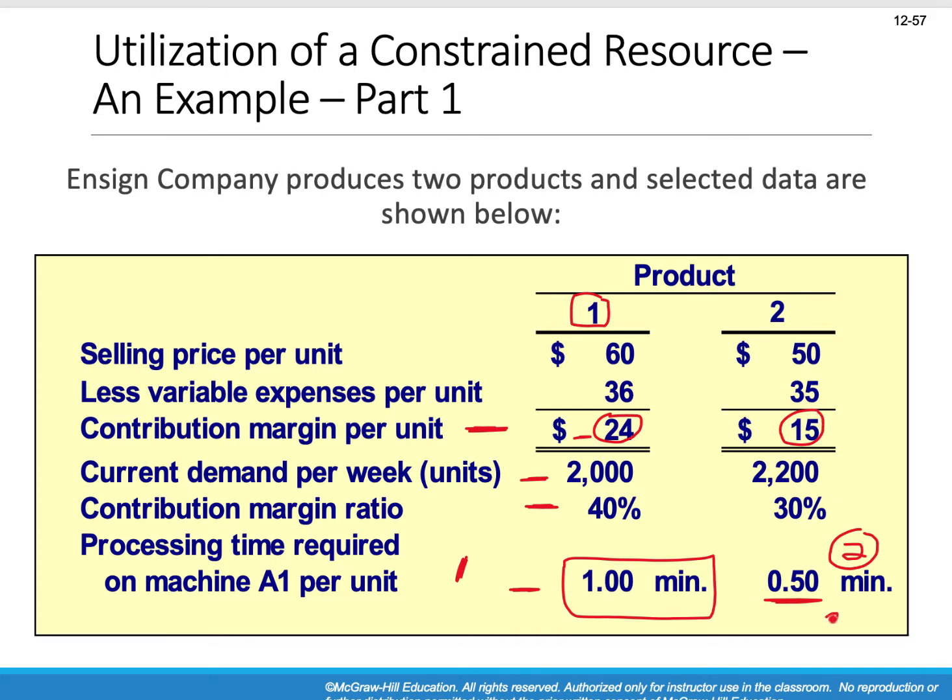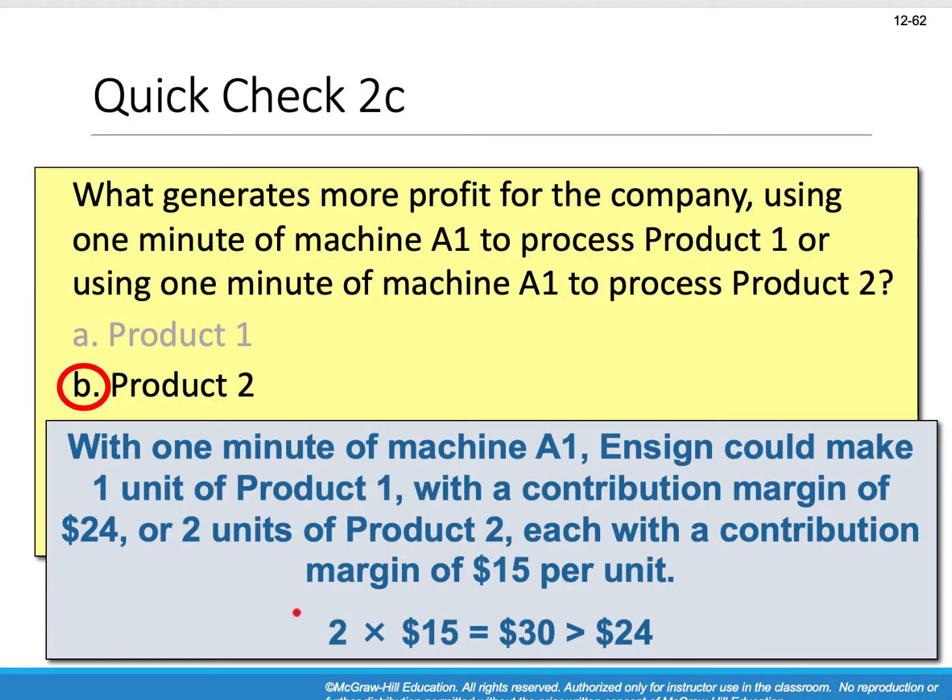I get a total of $30 of contribution margin if I make product 2 compared to $24 for product 1. So in essence, I should take that constrained resource and make product 2 because I get more money, or I earn more contribution margin.